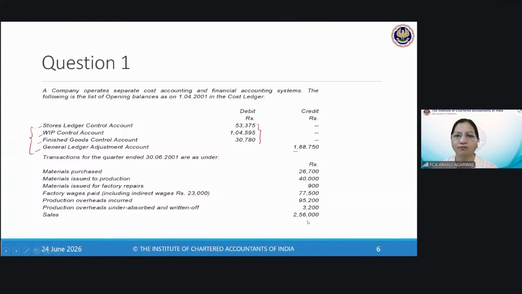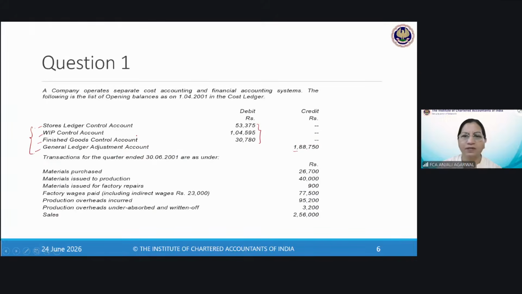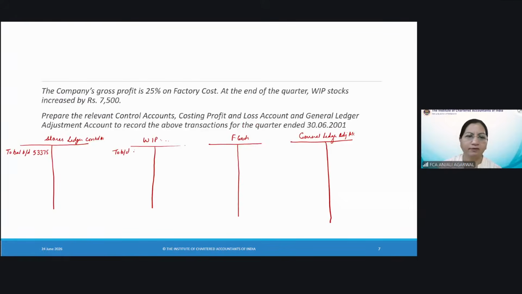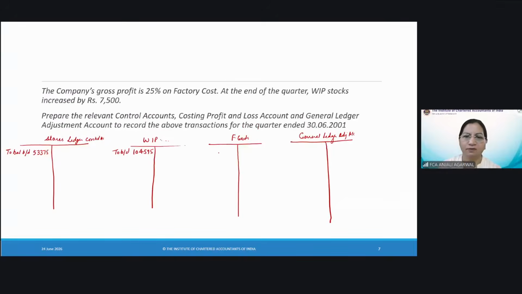Write down the opening balances of all three: 53,375, 104,595, 30,780, and 188,750.